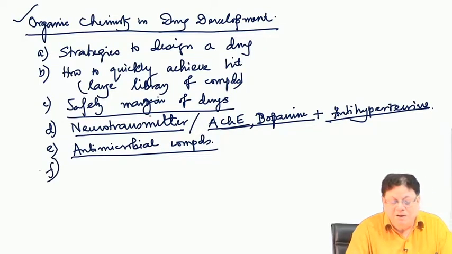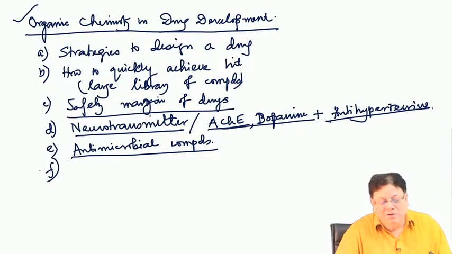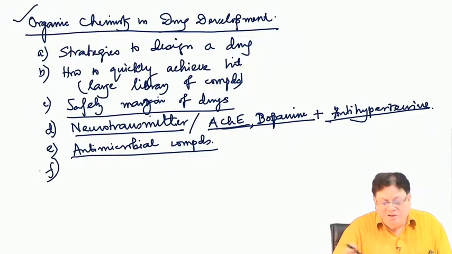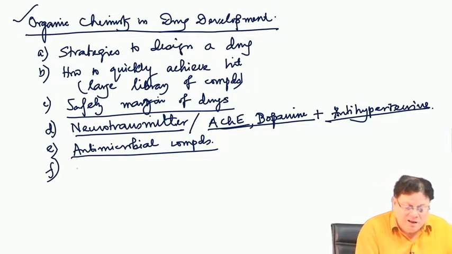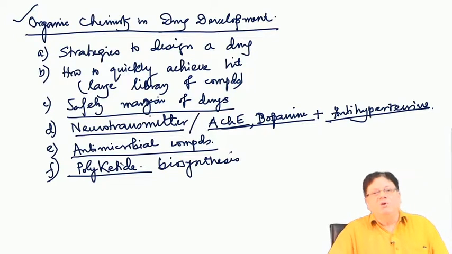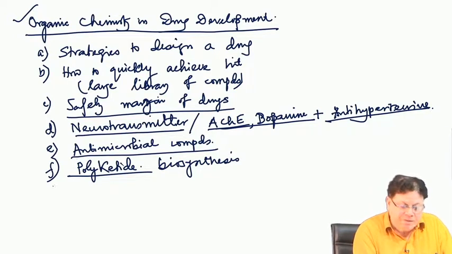Then we discussed antimicrobial compounds in detail. We discussed penicillin, the sulfonamides, the cephalosporins, the tetracyclines, erythromycin, everything was discussed here. Then we discussed the polyketides in connection with erythromycin, polyketide biosynthesis, because a majority of the drugs that we use are natural products and a majority of them are of polyketide origin.